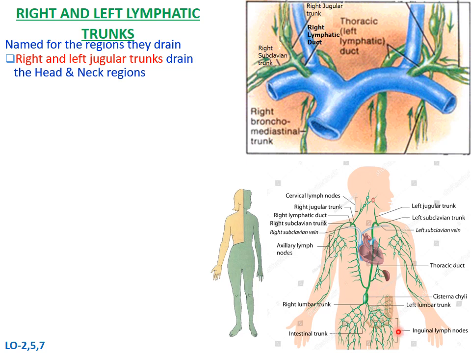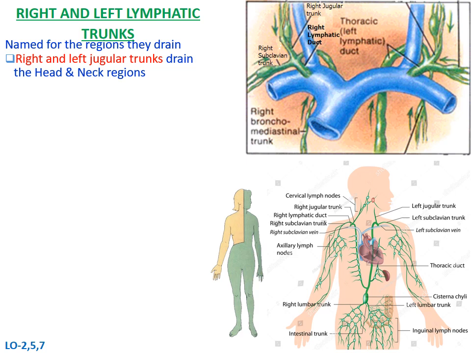So these trunks ultimately form the duct. There is the thoracic duct here, and here will be the right lymphatic duct. Come to this: the right and left jugular trunks drain the head and neck region. Similarly, as we said, these trunks drain the regions.